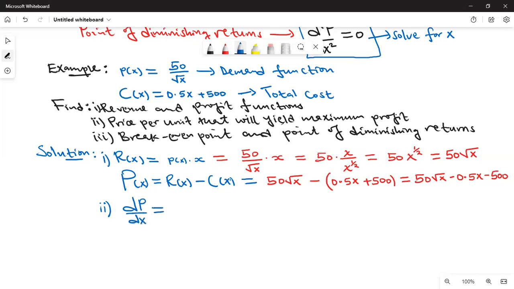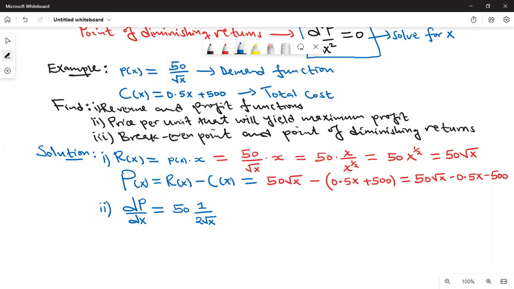When you differentiate root X, you get 1 over 2 root X. So it is 50 times 1 over 2 root X. I've used the power rule. Remember, root X is the same as X raised to 1 over 2.